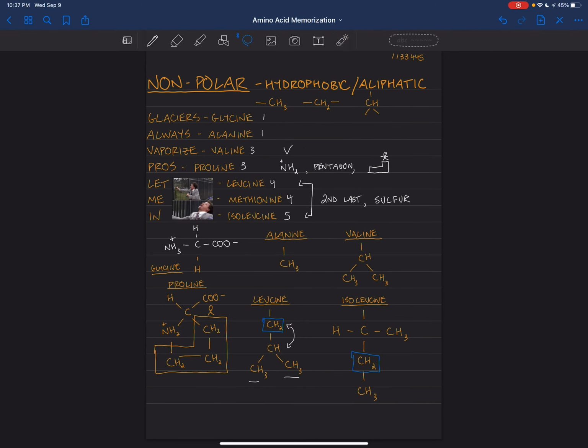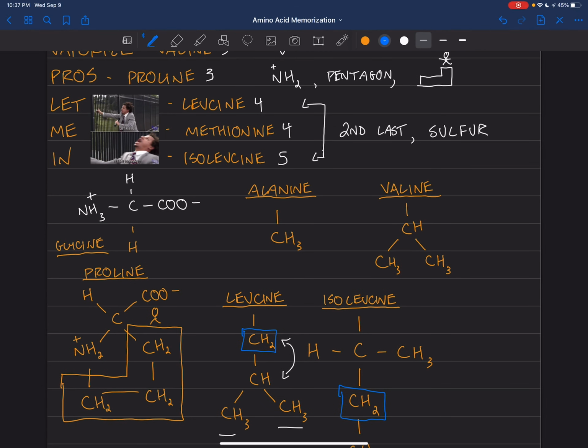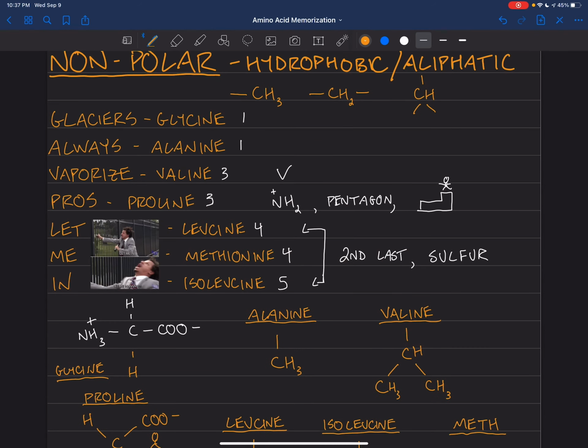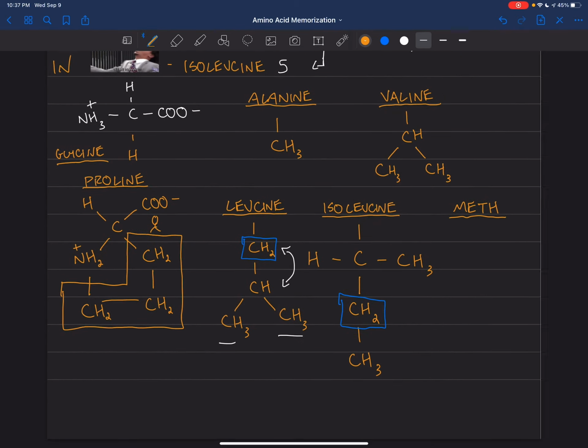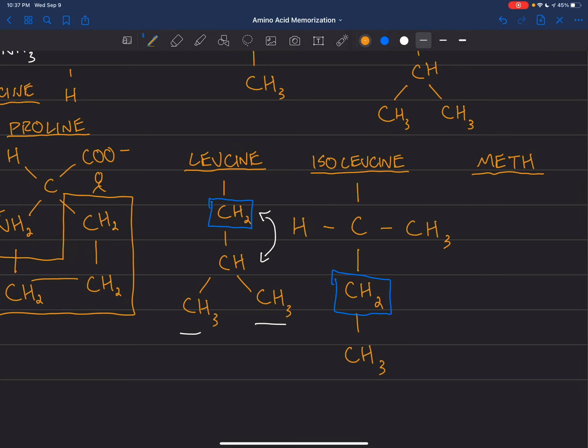Okay, all right, the last one we're going to draw is methionine. And what did we write when we wrote this, right? It's second to last. It has a sulfur in it, and it's got 4 pieces. This is simply a line of carbons with a sulfur second to last. And there's 4.